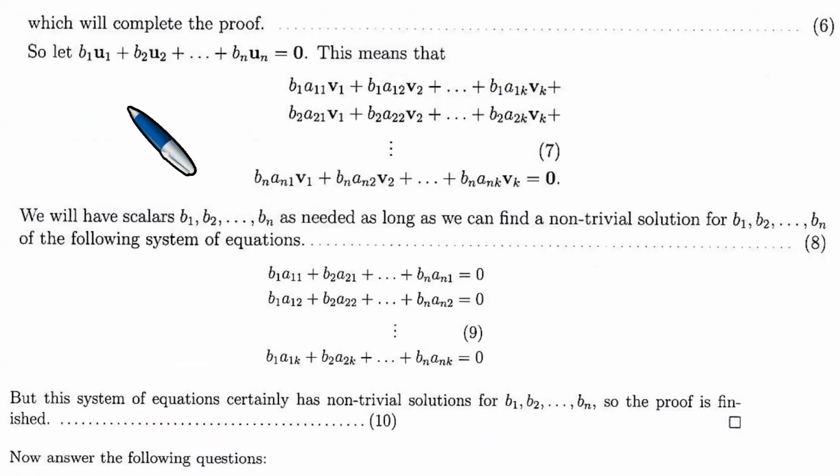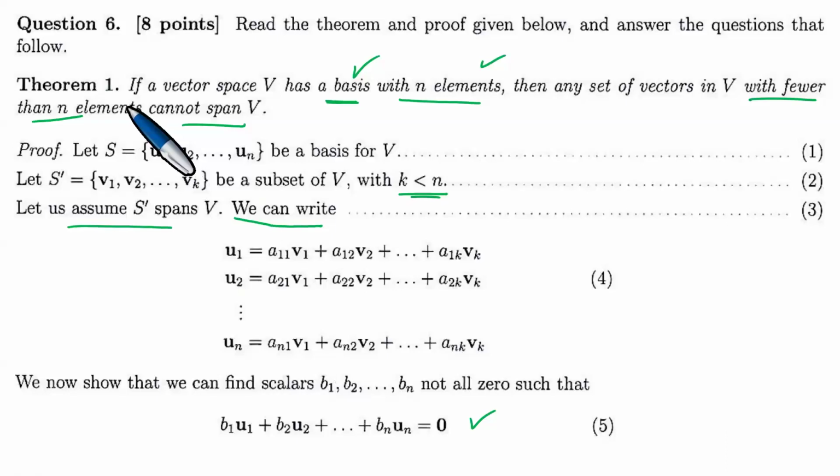Now I want to mention something: not all 0. We can find scalars, not all 0. Remember that we are dealing with bases here. A basis is linearly independent, meaning the scalars must all be 0.